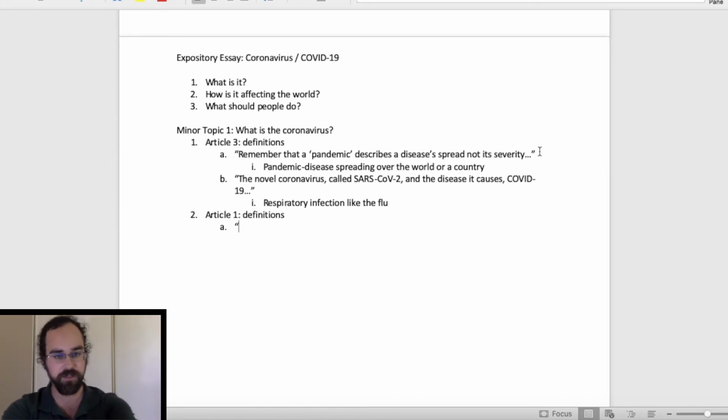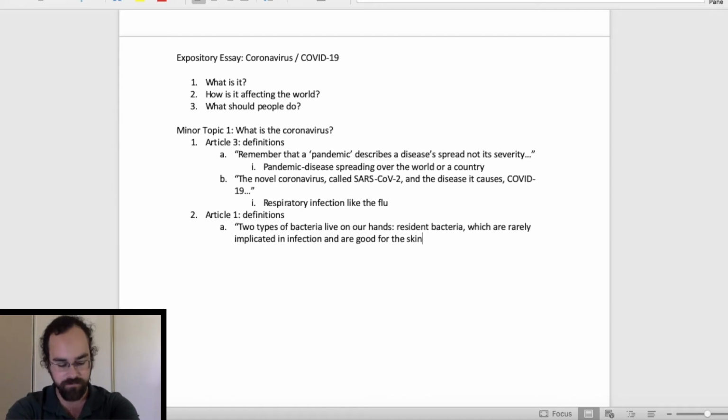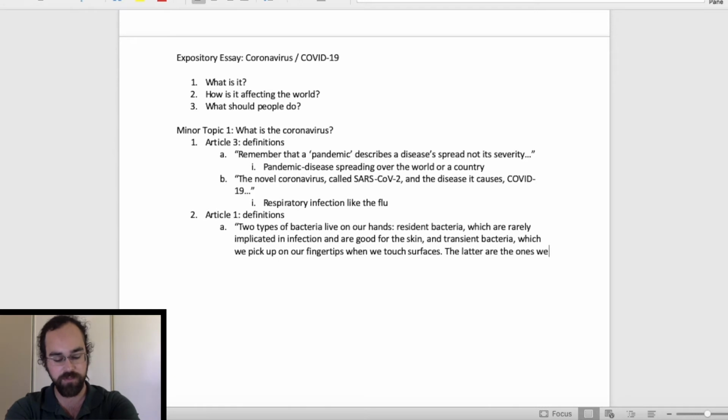And in this article, it said that there are 2 types of bacteria that live on our hands: resident bacteria, which are rarely implicated in infection and are good for the skin, and transient bacteria, which we humans pick up on our fingertips when we touch surfaces. The latter are the ones we want to remove.